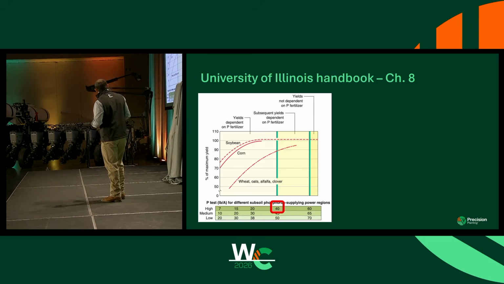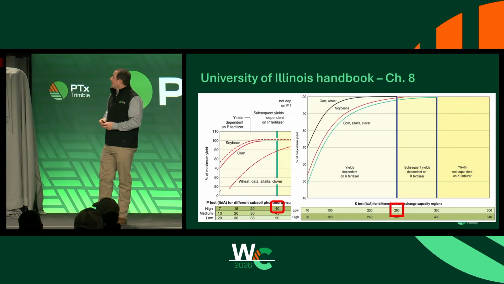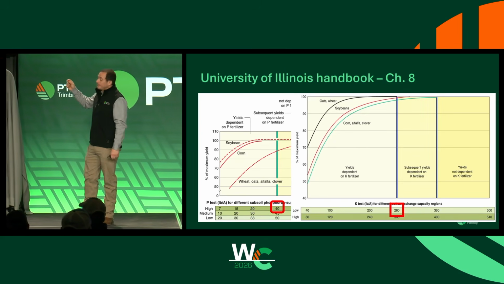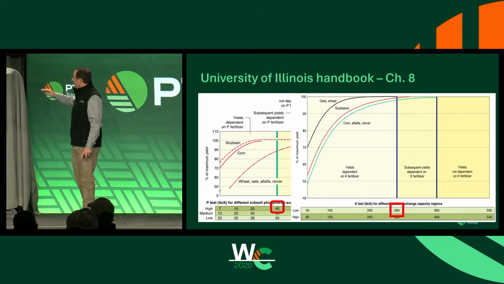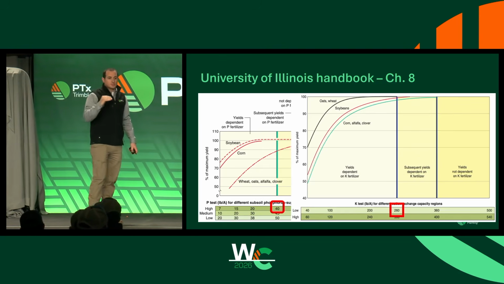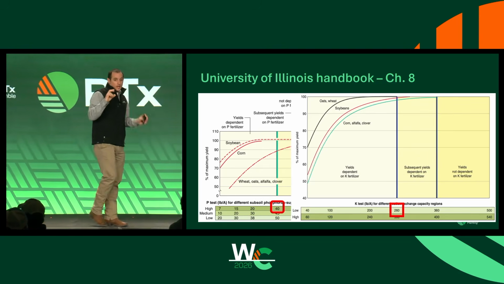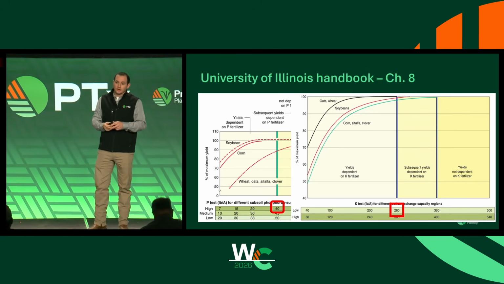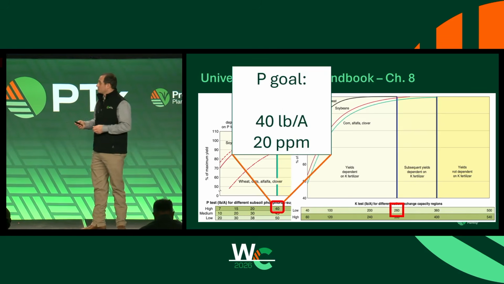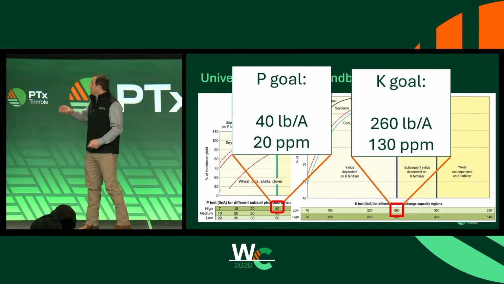They would say 40 pounds per acre or 20 parts per million. Okay? Potassium. University of Illinois says if you are in lower CEC soils, a goal should be 260 pounds per acre.